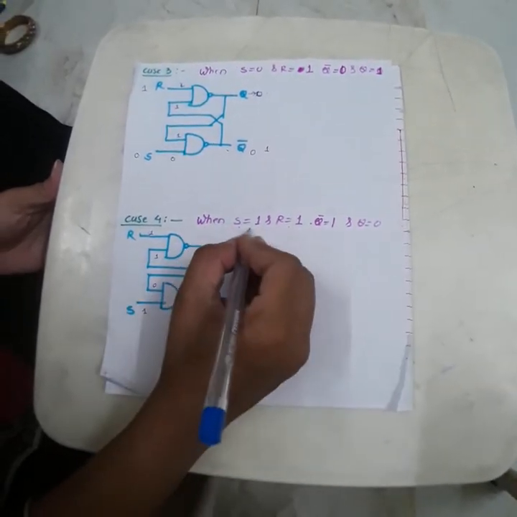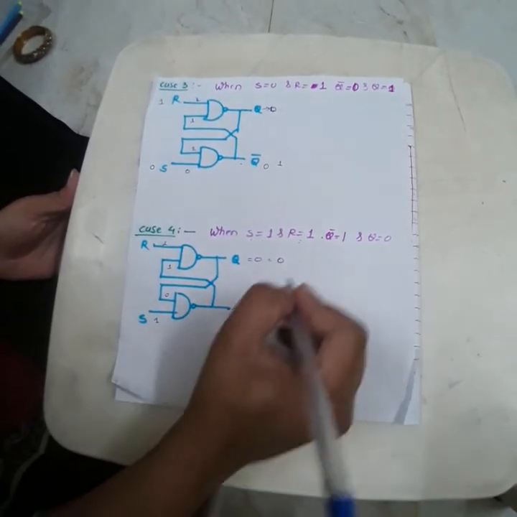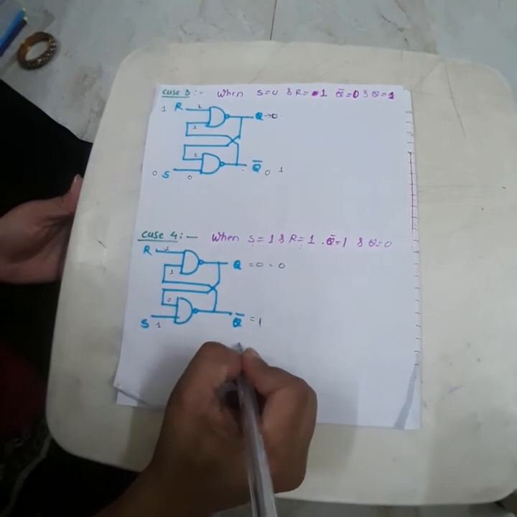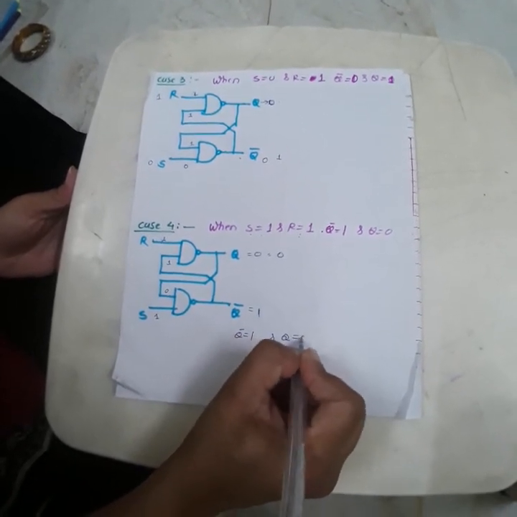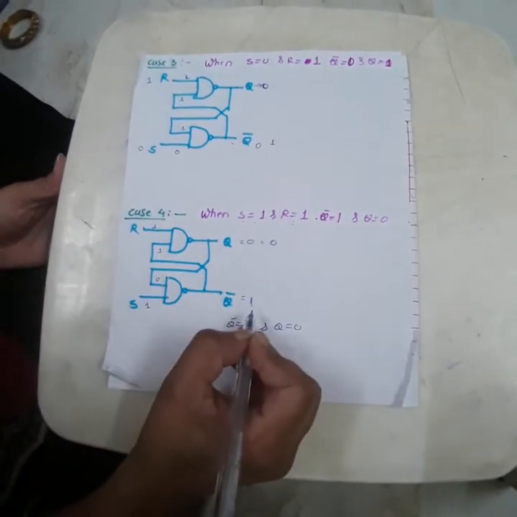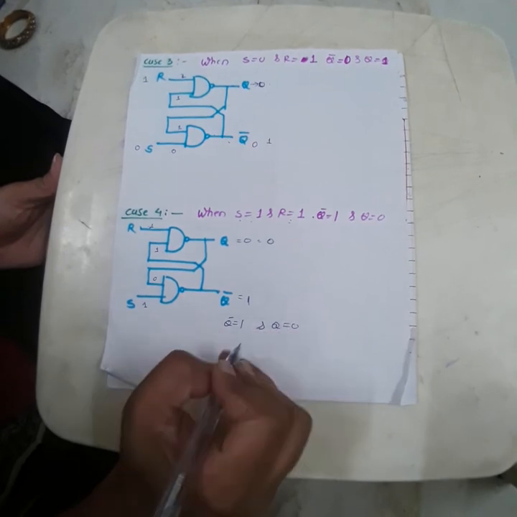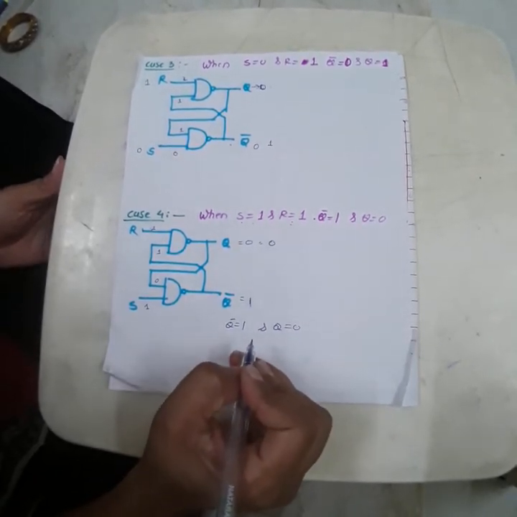That means when S equals 1 and R equals 1, you get the same condition, that is Q bar equals 1 and Q equals 0. That means your flip-flop remains in the same state, so this condition is called the no change condition of the flip-flop.